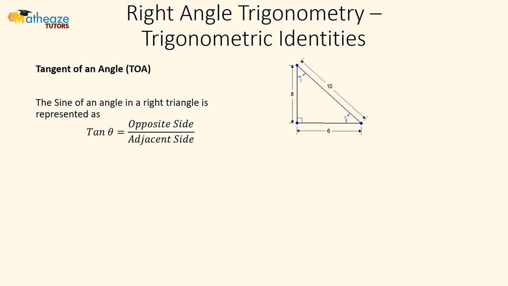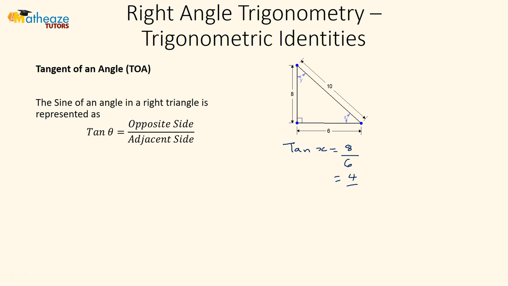Now let's look at the tangent. The tangent has no ratio with the hypotenuse. So the tangent is the opposite side divided by the adjacent side, or the ratio of the opposite side to the adjacent side. So let's look at tangent of X. It is opposite, which is 8, divided by the adjacent, which is 6.